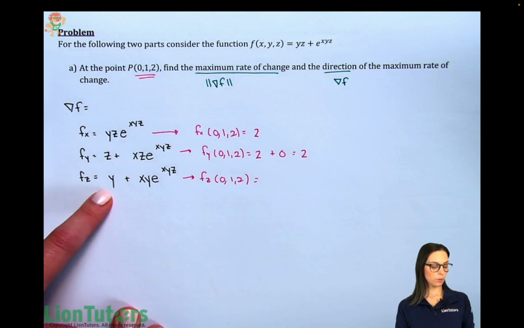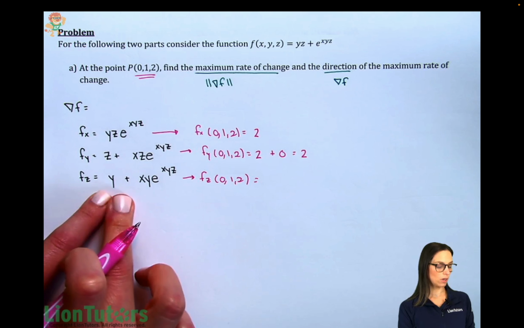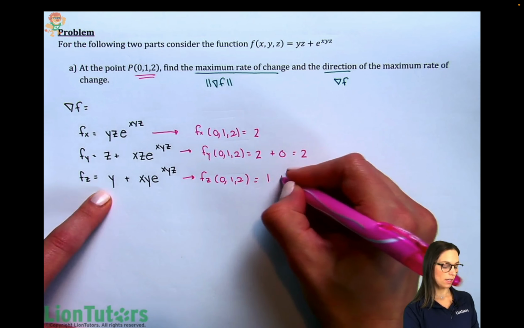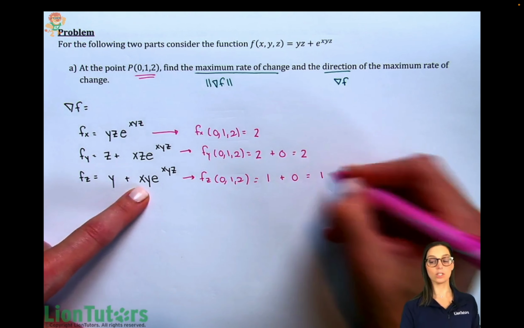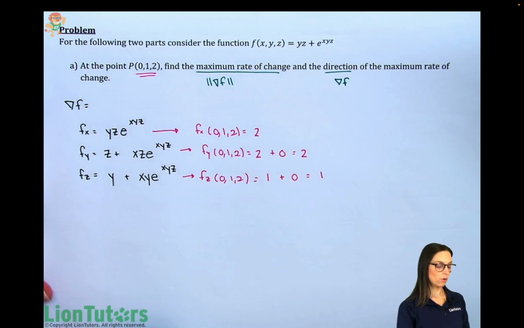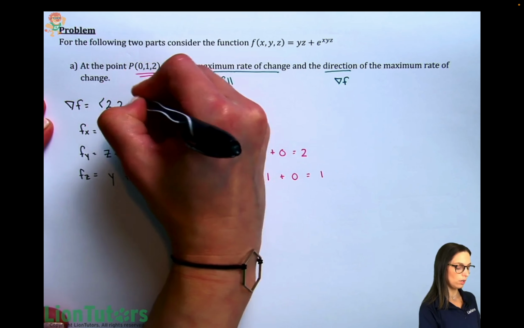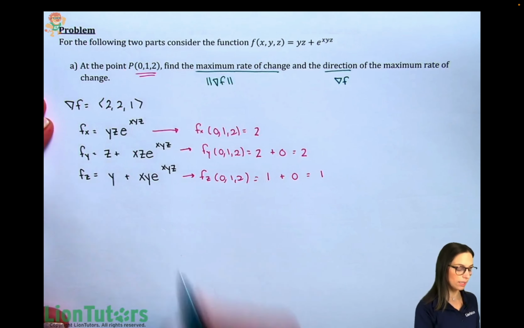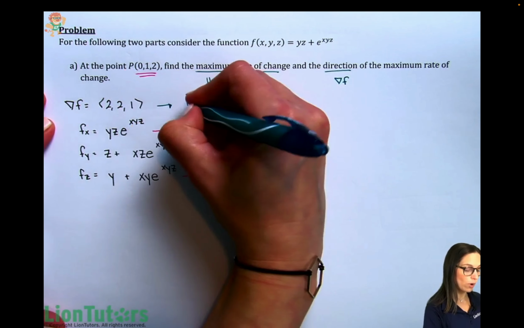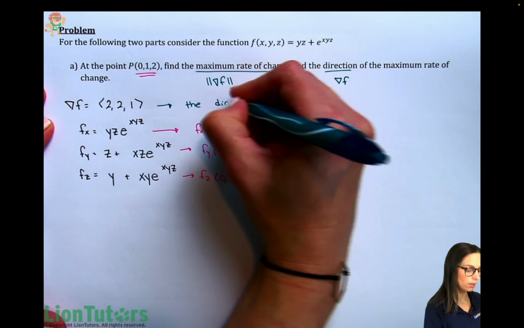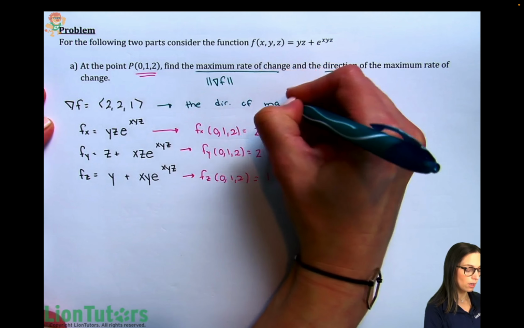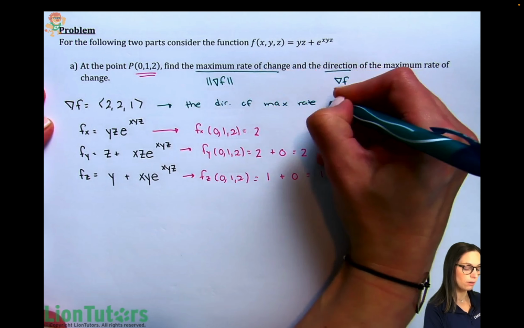And then if you plug in a 1 for y and a 0 for x, that'll just give us 1. So our overall gradient is 2, 2, 1. So this would represent the direction of the maximum rate of change.